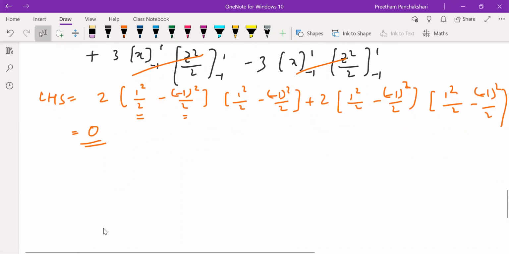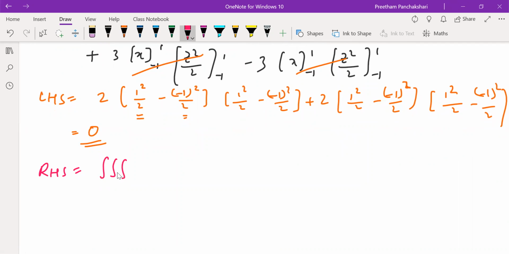Now we have to evaluate the right hand side of the Gauss divergence theorem. That's going to be the triple integral of del dot D into dV. So before that, we shall find the divergence of D separately.